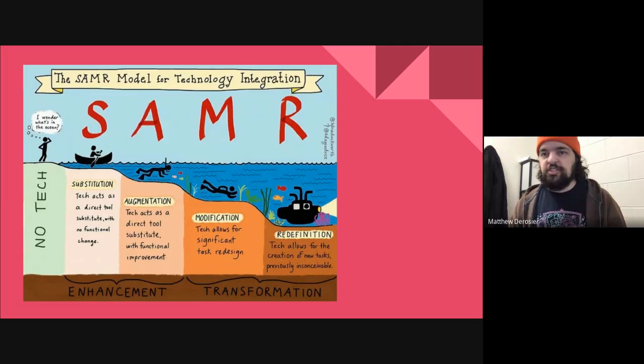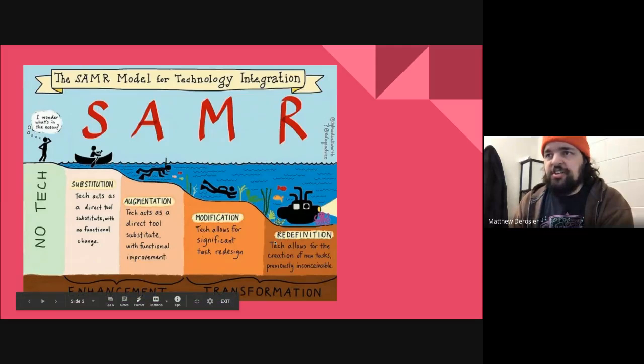We're doing things like collaborating on Word documents or Google Docs. You know, we're not in the same room and we're having a meeting. These are things that are significant redesigns of the traditional task. These are things that were not an option before the tech existed.